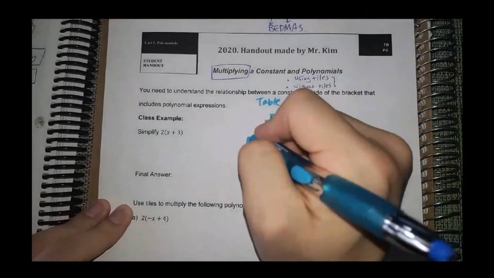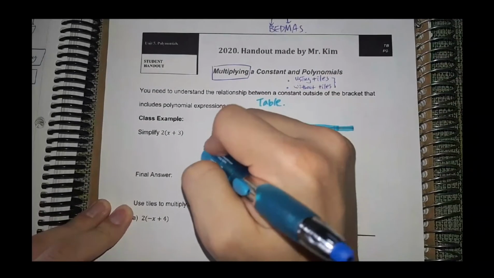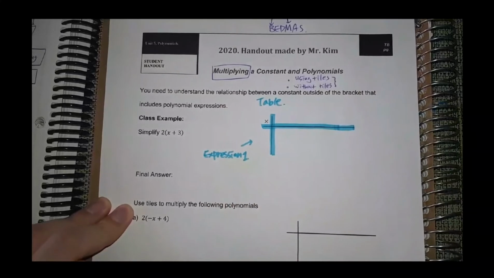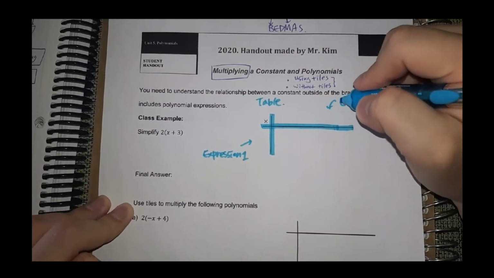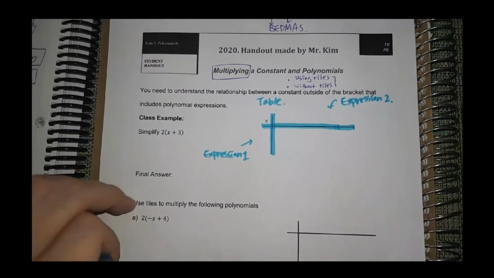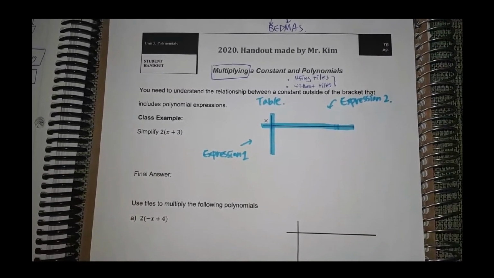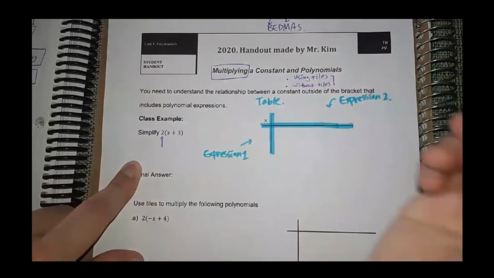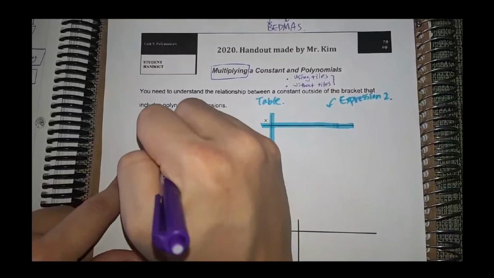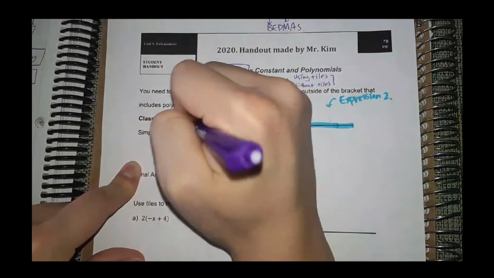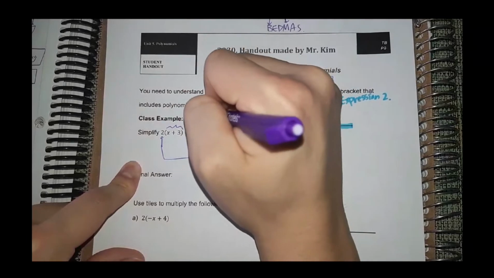We are going to put expression 1 on the left side and expression 2 on the above side. So what I mean by that is, for example, I'm going to call this whole number outside expression number 1. And when it comes to this bracket, I'm going to call it expression 2.